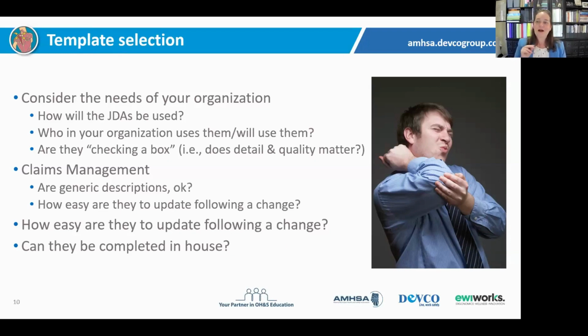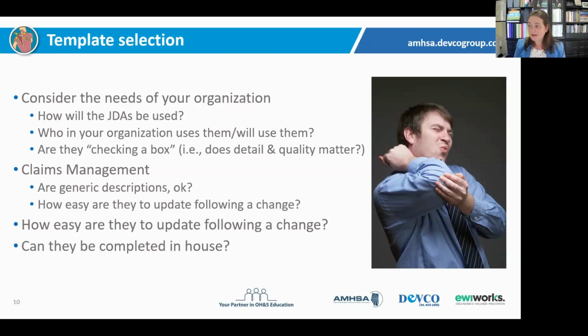I write these for a living, so I'm pretty critical when it comes to certain details, and I just really want you to make sure that things are appropriate, that the equipment being used in the generic one is generic enough that it falls within your organization. And if things are updated in terms of layout or manpower or people interactions, that's easy to update. Many clients are looking for different ways that they can update job demand assessments easily, depending on who's using it or how the job changes, if it expands or whatnot.